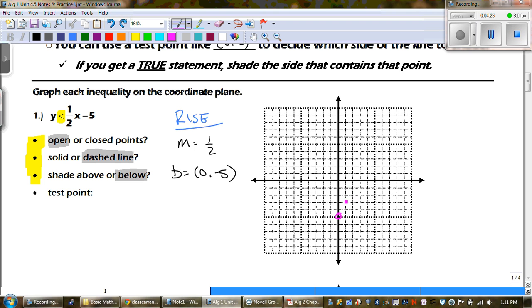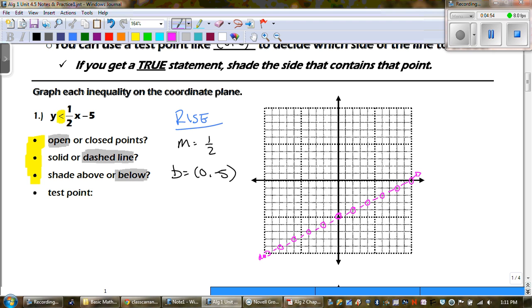It's just an open circle. And then I follow the slope, up 1 over 2, up 1 over 2. And we do that in both directions, okay? And then we use our ruler to make a dashed line. And then we add our arrows, okay?